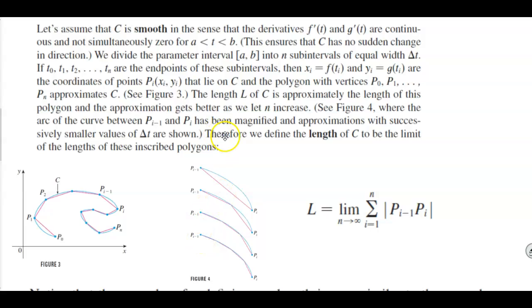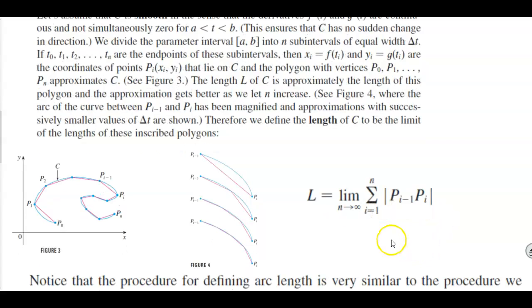And then we define the length of C to be the limit of the lengths of these inscribed polygons. So L equals the limit as n approaches infinity of the sum from i equals 1 to n of the distance from p subscript i minus 1 to p subscript i. Again, this is an absolute value because the distance must be positive.